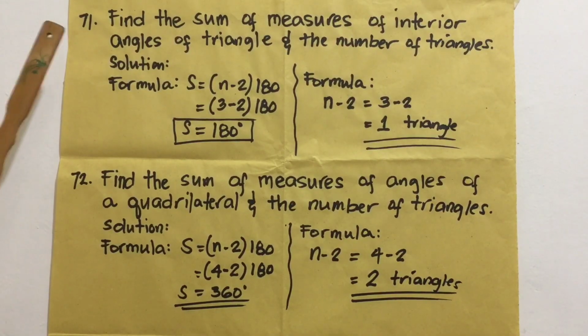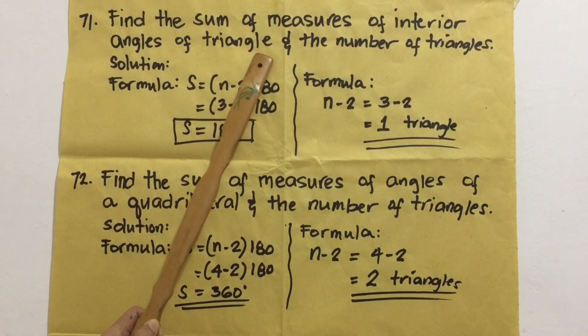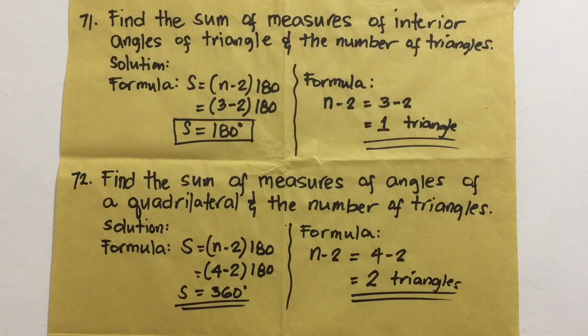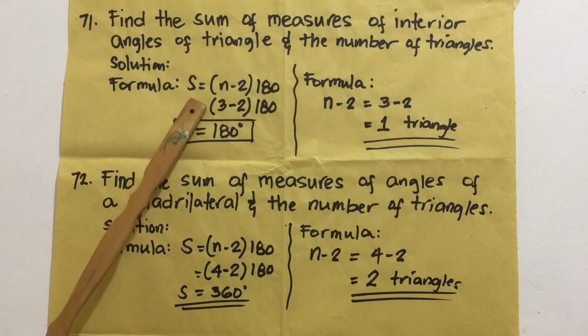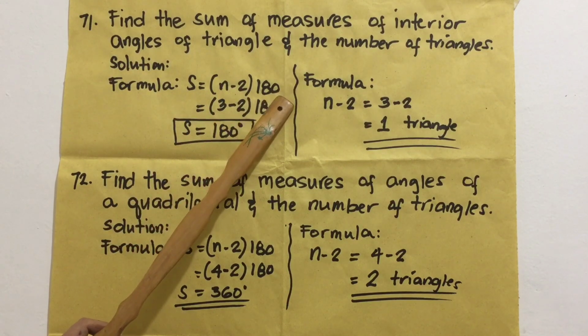Next, 71. Find the sum of measures of interior angles of a triangle and the number of triangles. There's this problem asking for the interior angles of a triangle and the number of triangles in a triangle. Okay, our formula: S stands for the sum, equals n minus 2 times 180.